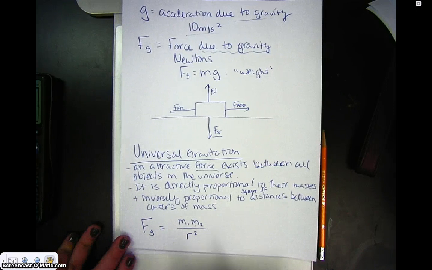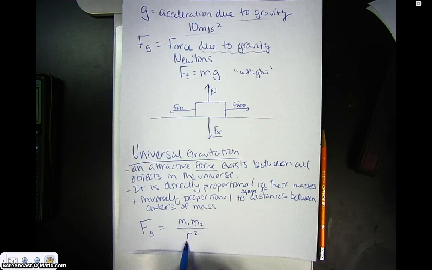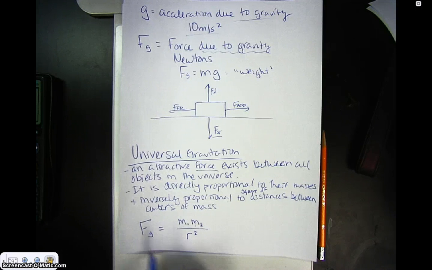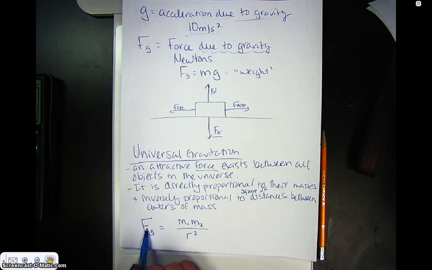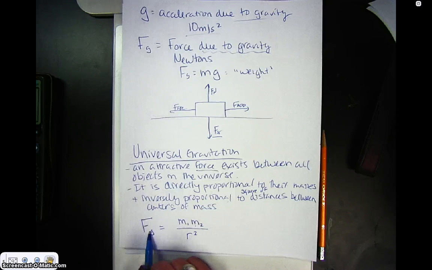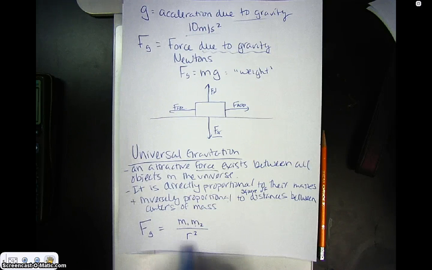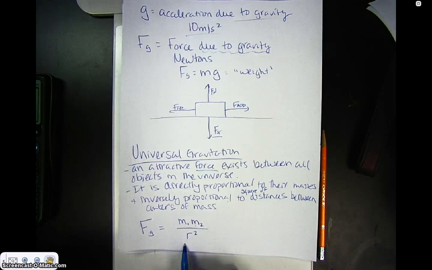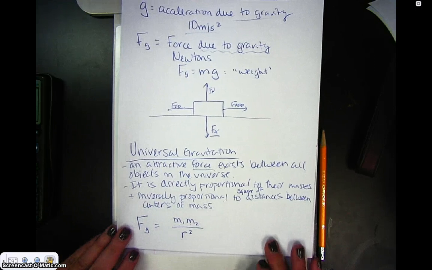So what this means is, let's say we were to double the radius, or the distance. It's on the bottom of the fraction here, so that would make the bottom of your fraction 4 times as big, and so it would make your force 1/4 as big. If we were to halve the distance, then it would quadruple the force. And if you think about this, this is similar to magnets.